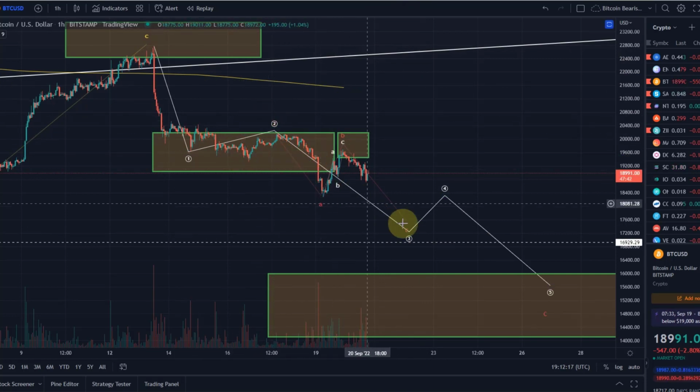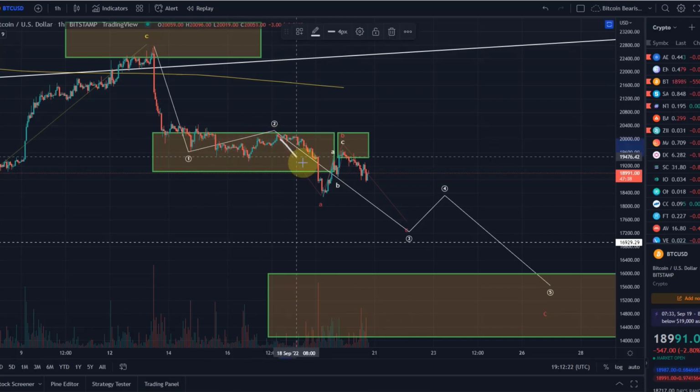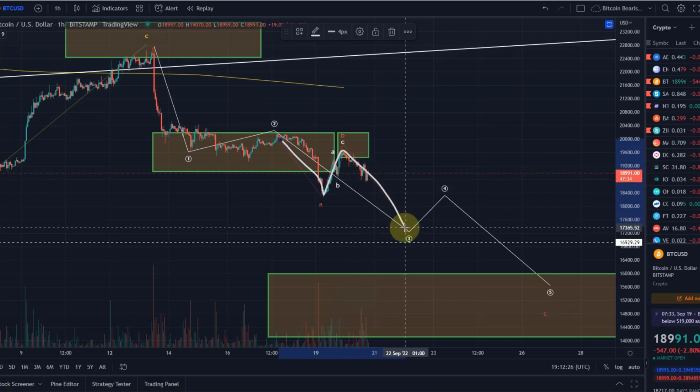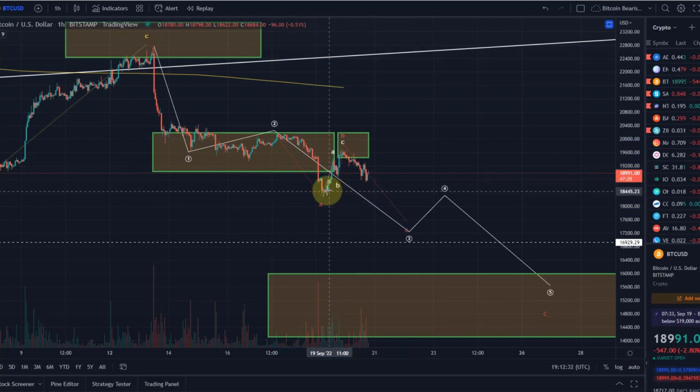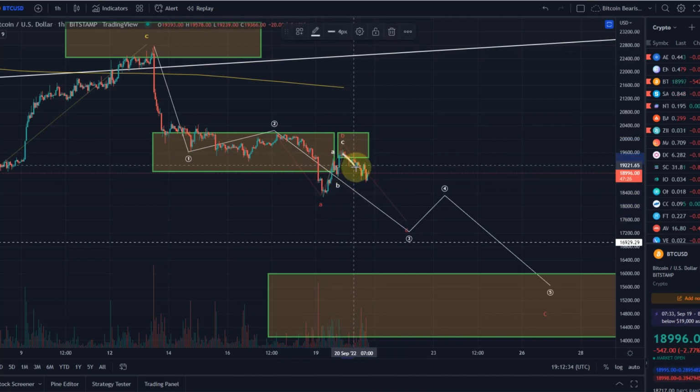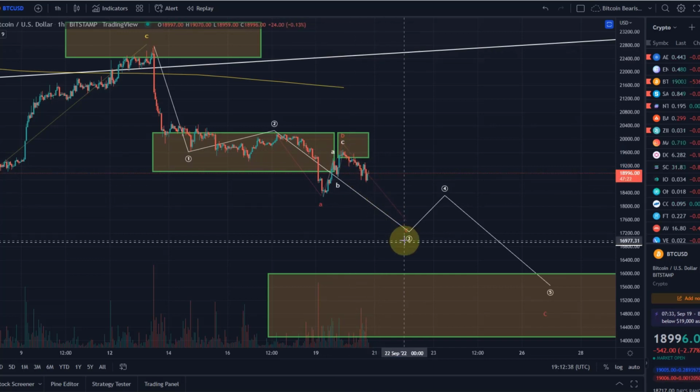We have 2 options in the wave 3. We've got the red count, which is A, B already complete, and then C down. The problem with this count is that this move down currently looks corrective, which means it probably isn't a wave C, unless, again, we have a diagonal in the wave C, and I don't want to make it too complicated.